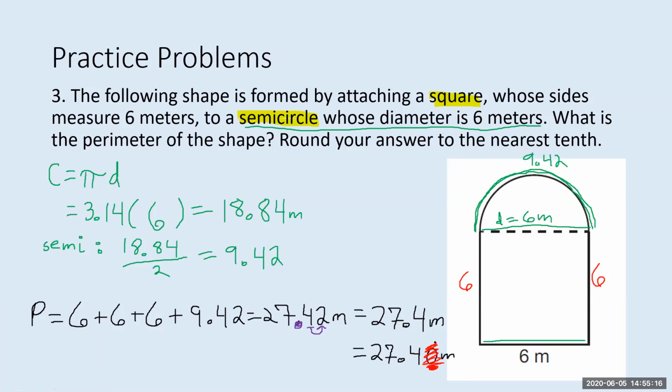So if you said 27.40, technically you're still correct, but if you want to be super correct, super following the rules here, it would be 27.4. And certainly if this was a multiple choice question, you would only see answers going out to that tenths place. So you would not see 27.40 as a possible answer. You would see 27.4.